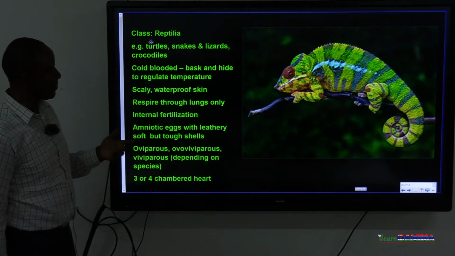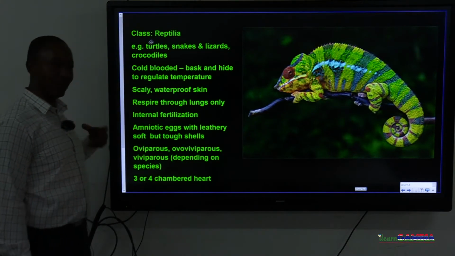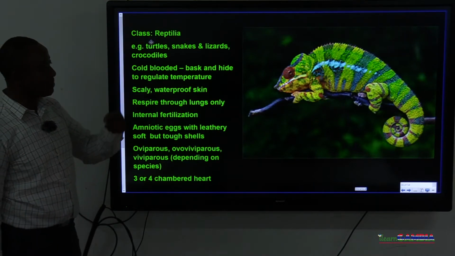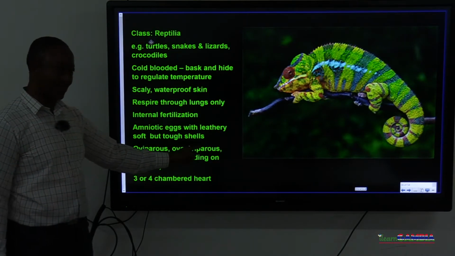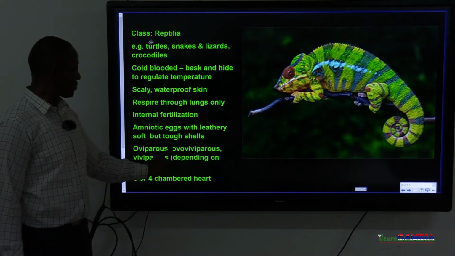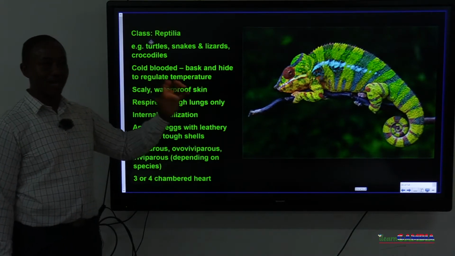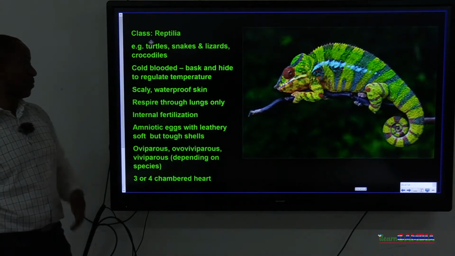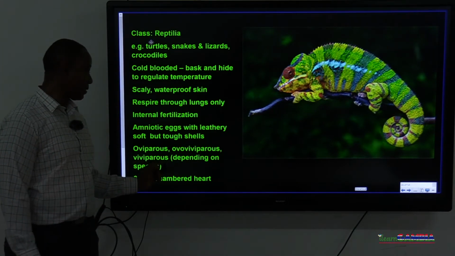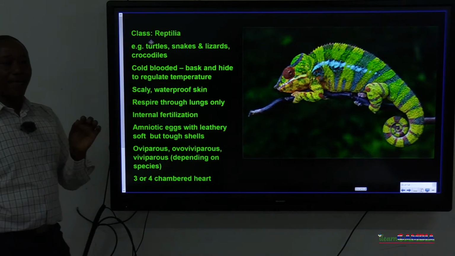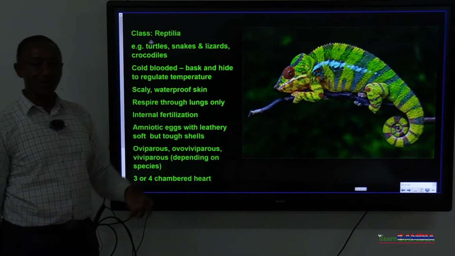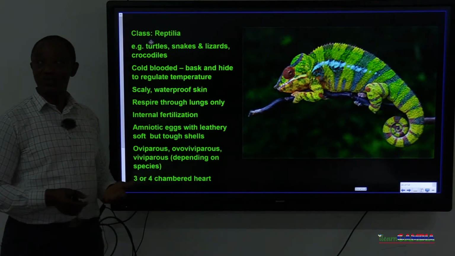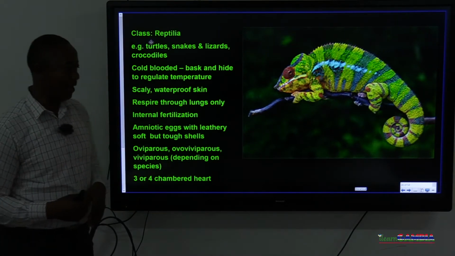It's not like the birth we see in other organisms, but the fact is that the eggs develop inside the body of the organism. So that's ovoviviparous. Once the egg matures, it hatches, and then you see live young ones coming out. Viviparous simply means the embryo grows inside the body of the organism, and once it is mature, it comes out as a live organism.